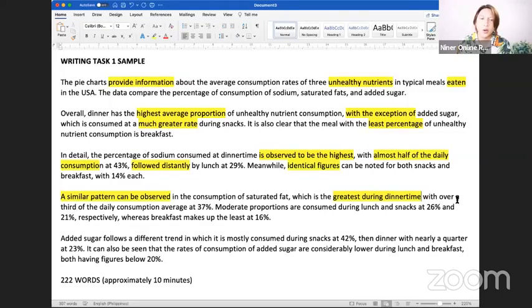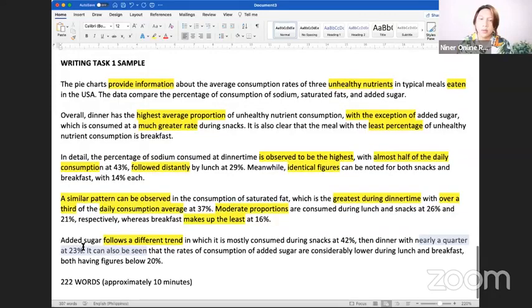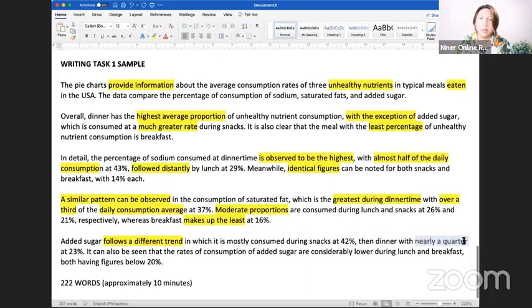Over a third of the daily average consumption. Daily consumption average, moderate proportions, and makes up the least. Follows a different trend. Nearly a quarter. Do you see my point?